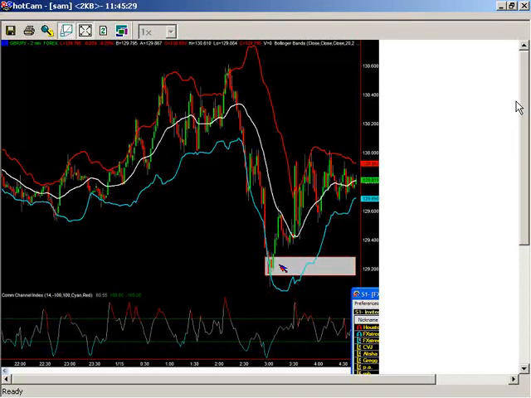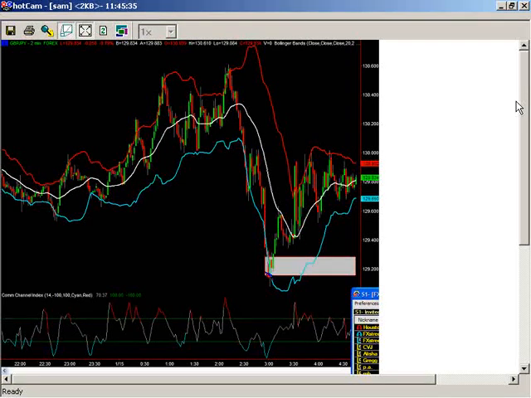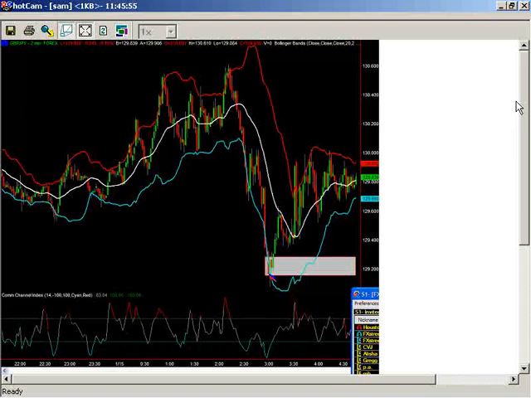Another reason why we like the pivot lows and pivot highs so much. Another one of the odds enhancers we go over in the trading room is look at how much time price spent at the level. Did prices spend a lot of time here or just a short period of time?